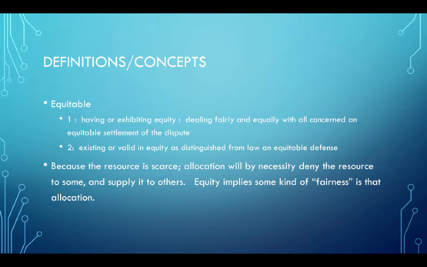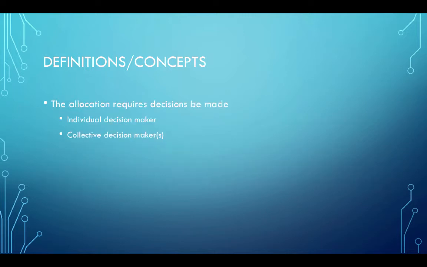So equity and allocation are a big part of water resources management. To make that allocation, we have to make decisions. In some instances, that might be an individual decision maker. There's some purity and clarity to that in many contexts.